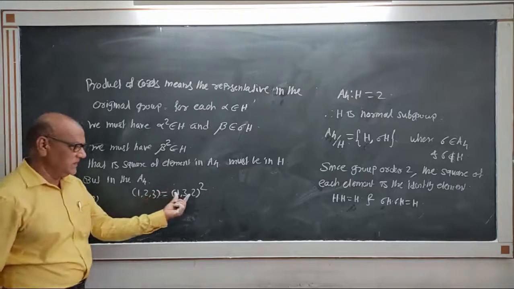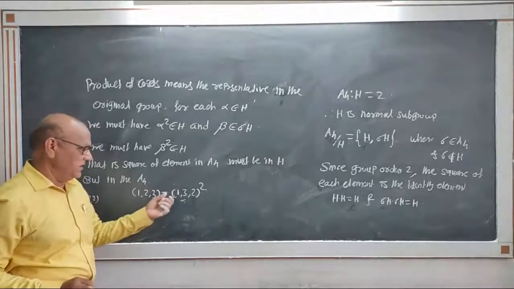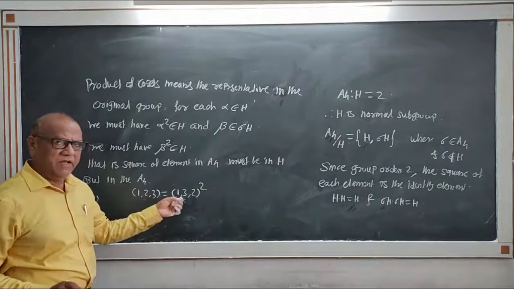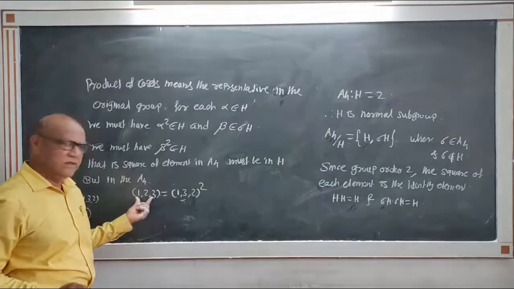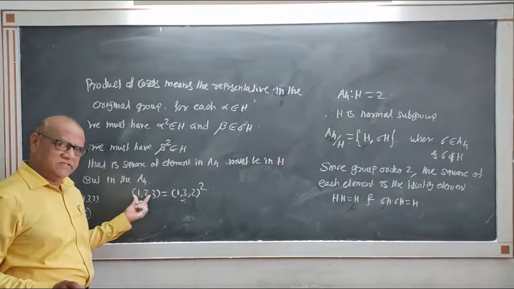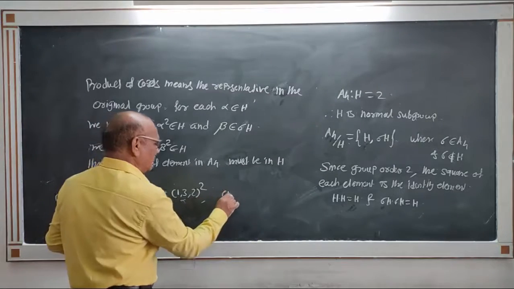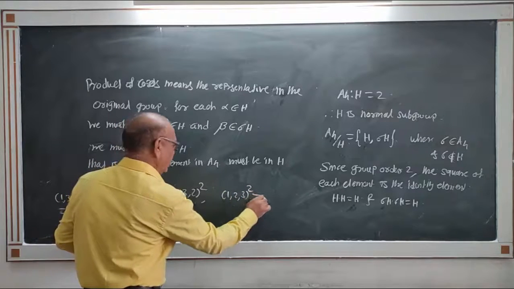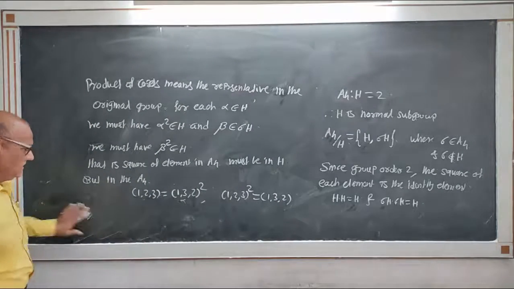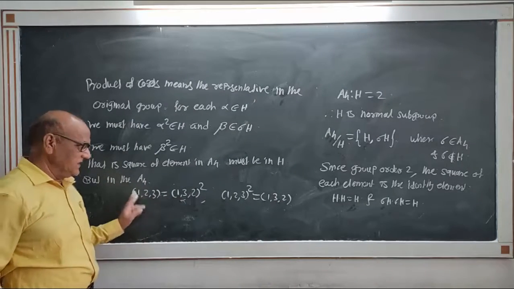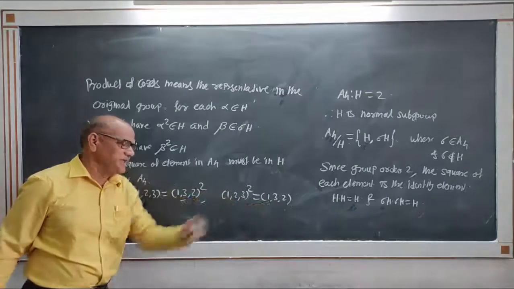So this is alpha squared. Again, the square of 1, 2, 3 is 1, 3, 2. So the square of this is this, and the square of this element is this element.